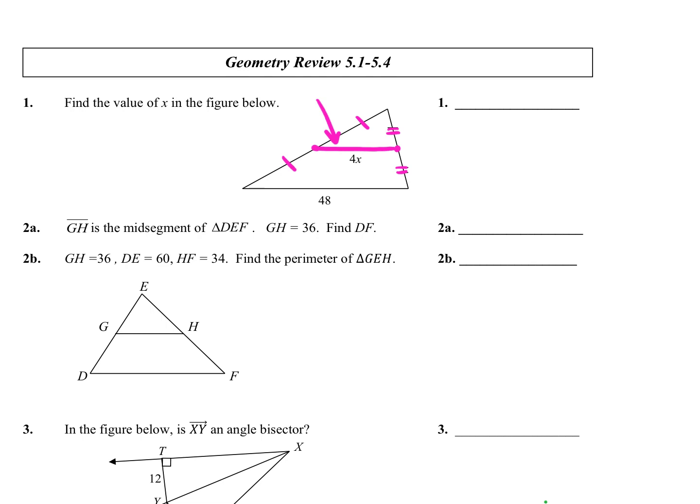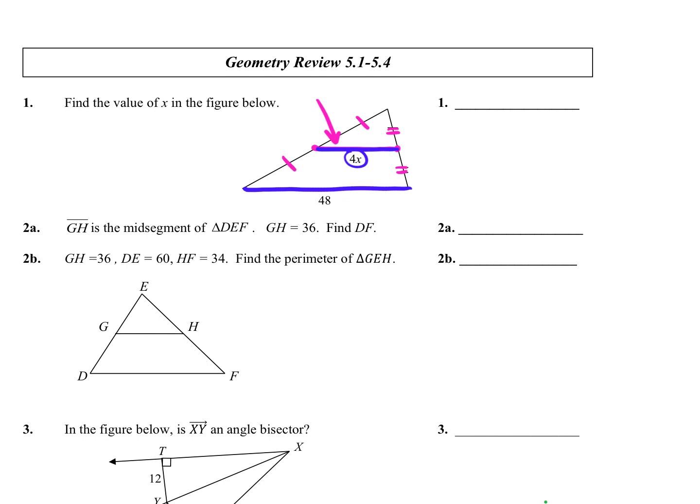Think about what the relationship is between that mid-segment and this line that it is parallel to, okay? The 4x is for sure shorter than the 48, right? So remember we said one is half as much as the other, or one is twice of the other, depending on which way you're looking at it.